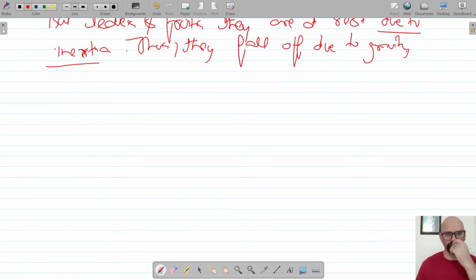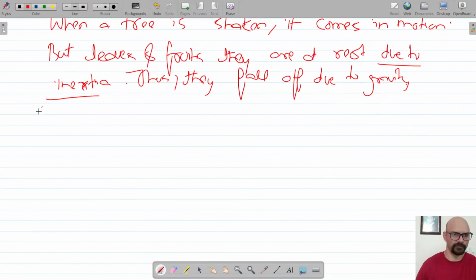Okay, some more examples we can also give here for inertia is that when a car takes a sharp turn, we tend to fall sideways. So this is one more example which can be asked for the reason.